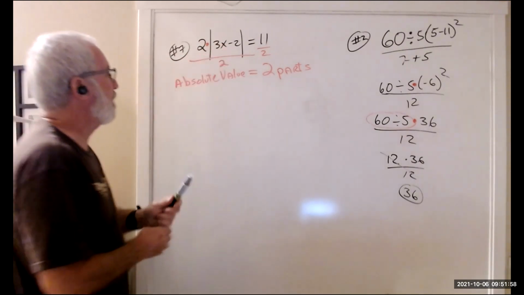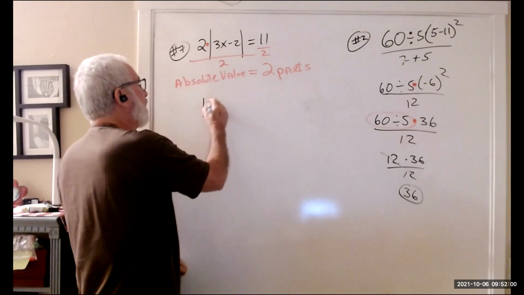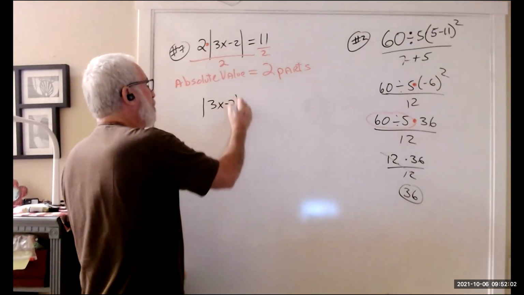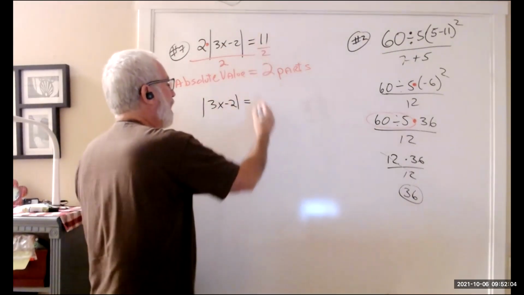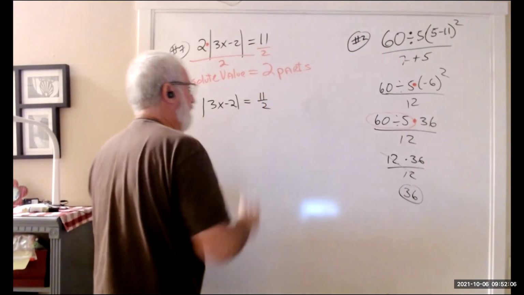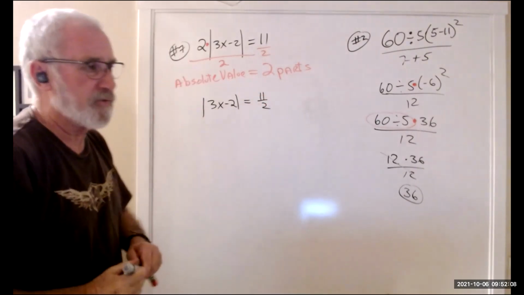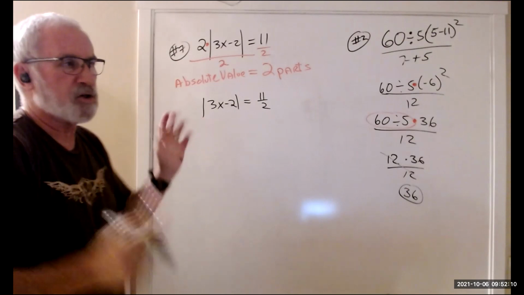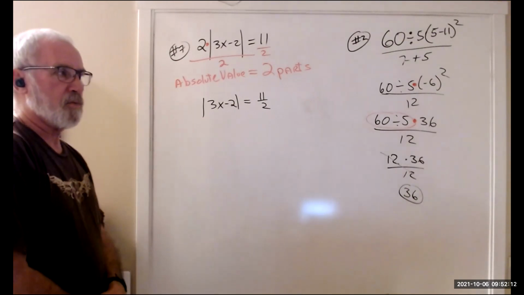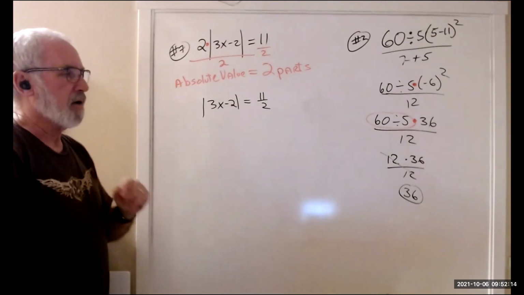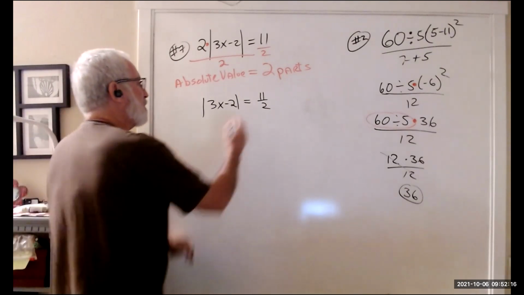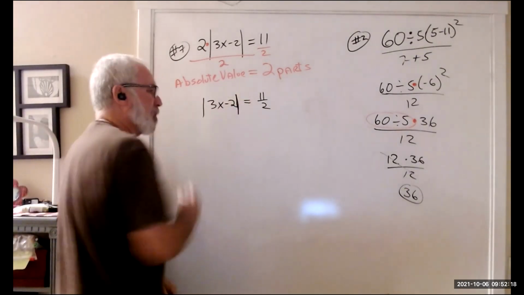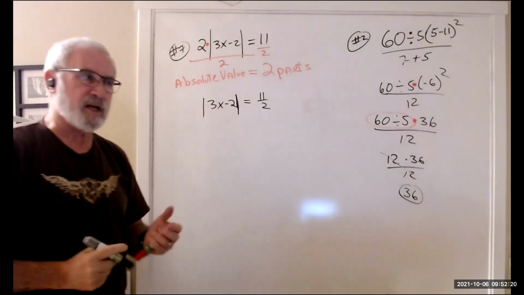So anyway, that gives us the absolute value of 3x minus 2 equals, I'm going to leave it as 11 halves. Some people called it 5.5 and worked it out and did just great. That's up to you at this point. Now, we've isolated the absolute value. This is going to be a common theme throughout second semester.